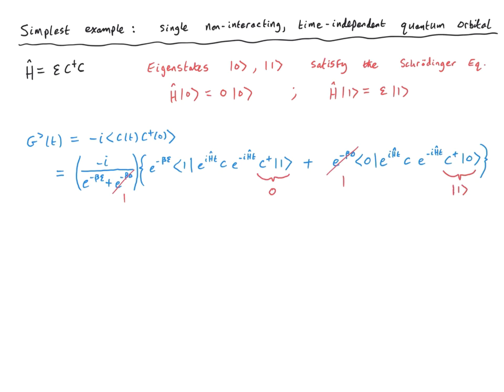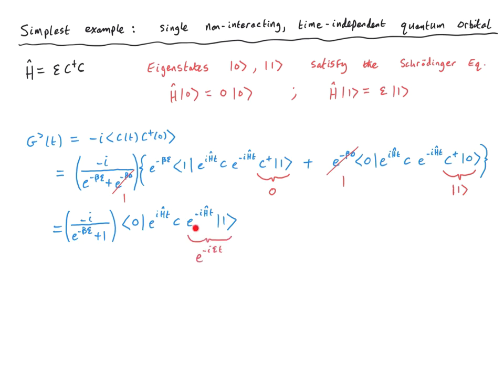First of all, e to the minus beta 0 is of course 1 in both of these two factors. Also, we have c dagger acting on the occupied state this time, and this is equal to 0, whereas in the second term, we have c dagger acting on the unoccupied state, which gives us the 1 state. The expression for g greater of t therefore collapses to this.